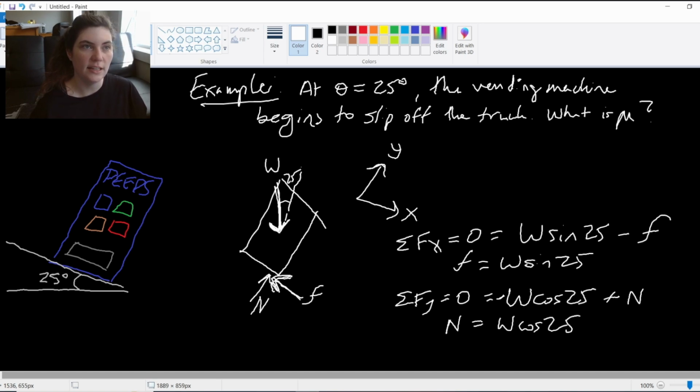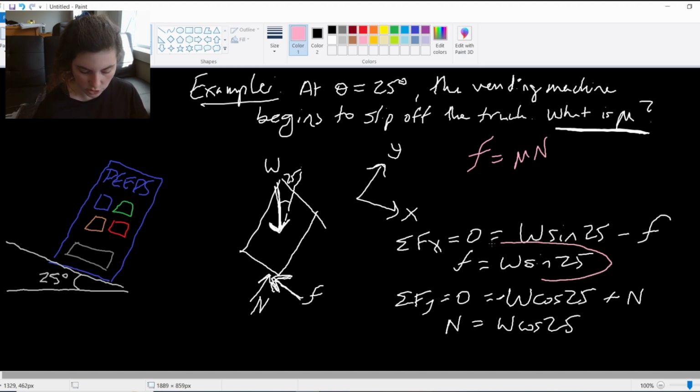So at this point, you have to recognize, all right, I've kind of worked these equilibriums as far as I can. Taking a moment isn't going to give me really any new information. But again, what I'm finding here is mu. And so we already know a relationship equation for that, which is that the frictional force equals mu times the normal force.